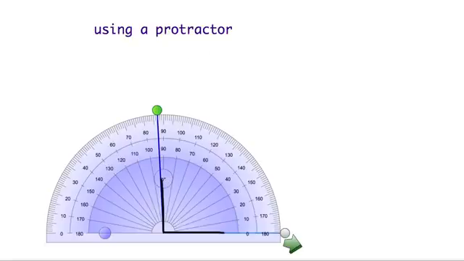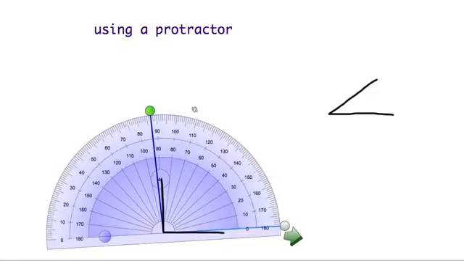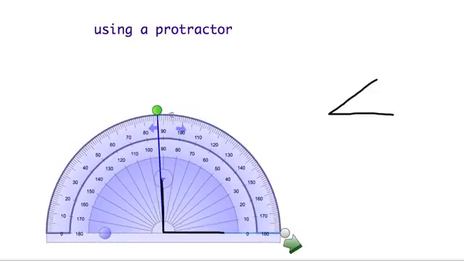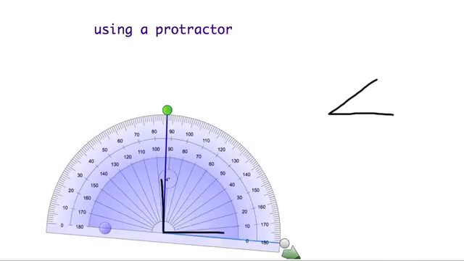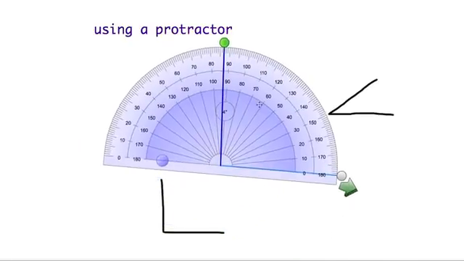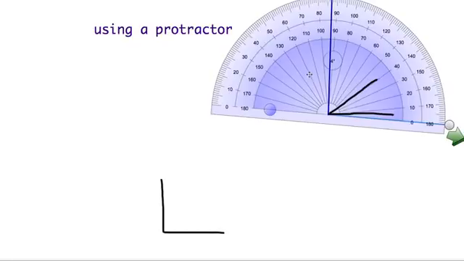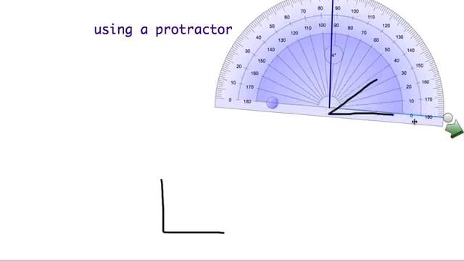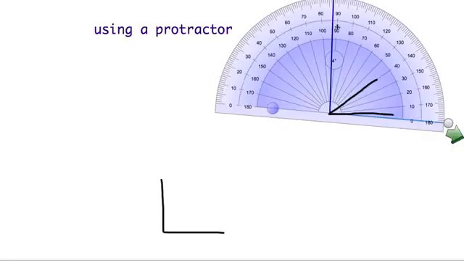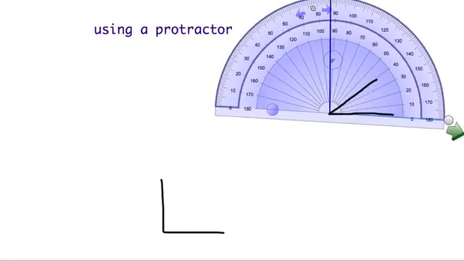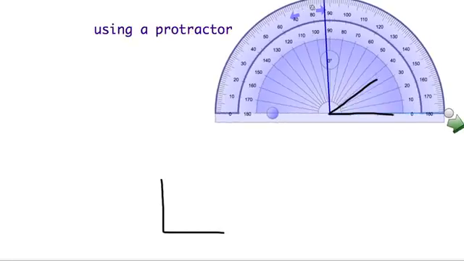If I have another angle, and I'm going to have it face the same direction, I move my protractor up to the vertex, and I need to make sure that my line is on 0, so I'm going to attempt to move it here. As close as I can.